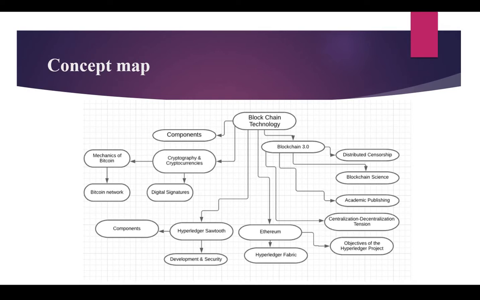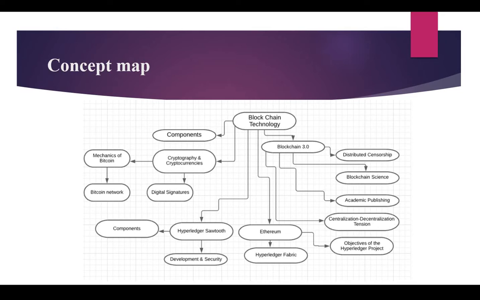And this is the concept map for that course. First we discuss the components, followed by cryptography and cryptocurrencies, where digital signatures, the mechanics of Bitcoin and Bitcoin networks are discussed.